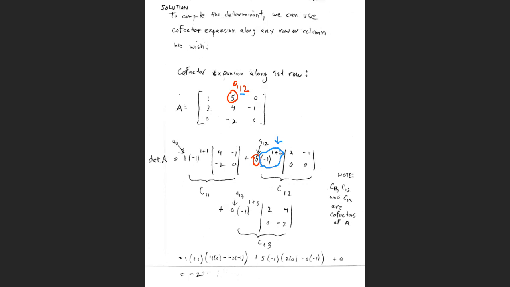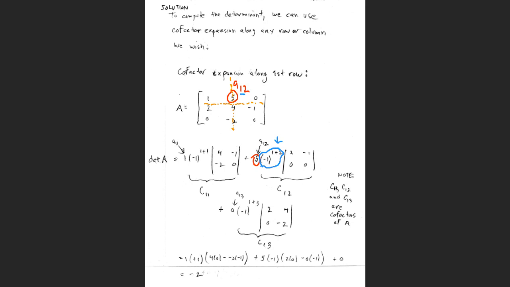And what we do here is we block off the first row and the second column.